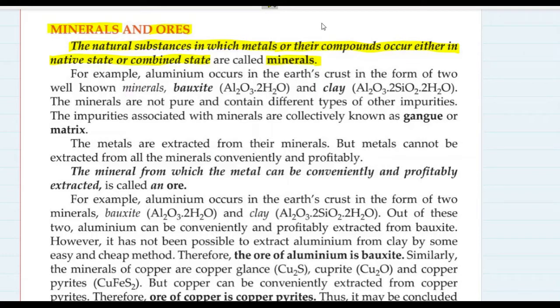Okay, so in the earth's crust, you are likely to find metals in the form of minerals, because minerals are natural substances. Minerals are like rocks which are found under the surface of earth.